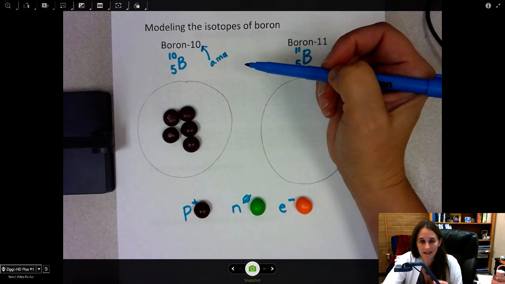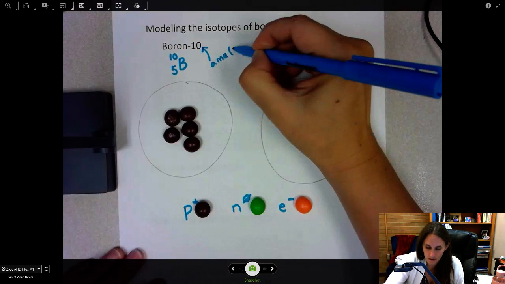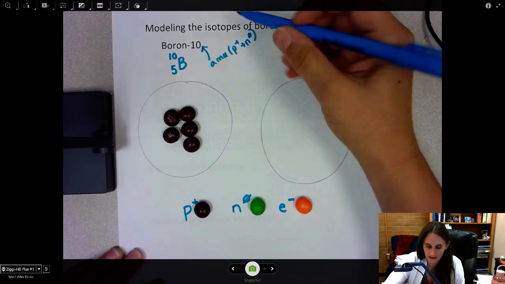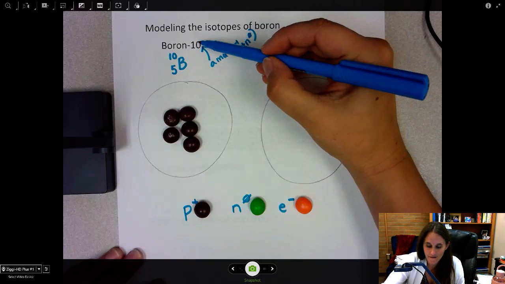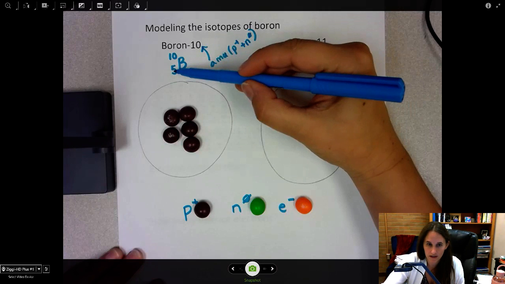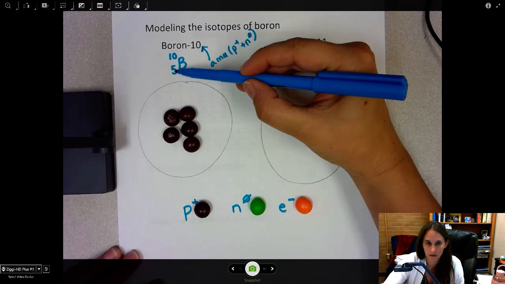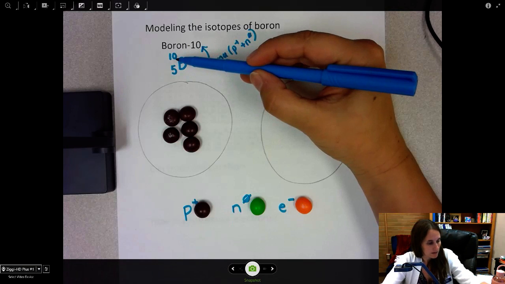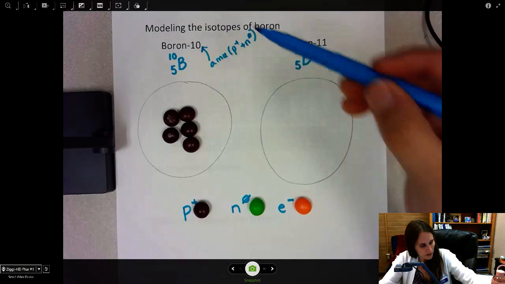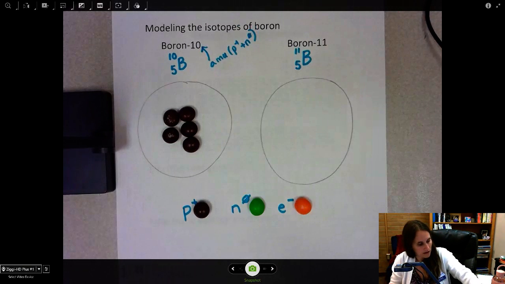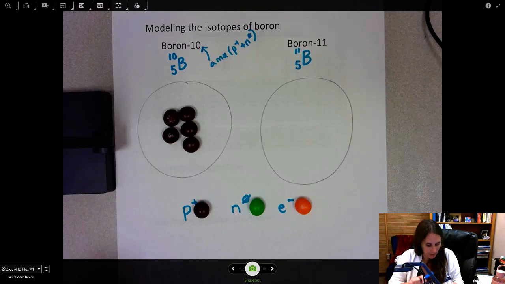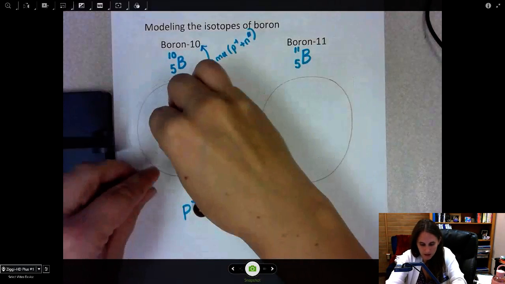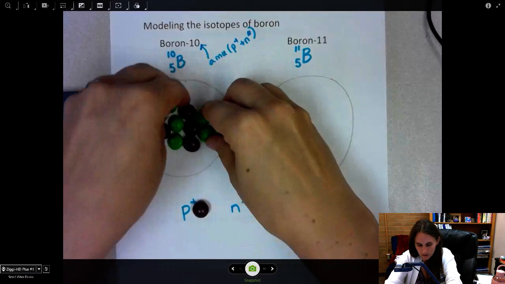Because each of those has a mass of 1, the mass number is also the number of protons plus the number of neutrons. So based on that, since I have 5 protons listed here and on the periodic table, I must have 5 neutrons to get this mass number. So I'm going to need 5 green Skittles to represent my neutrons here. Pack them into my nucleus. We'll make it colorful.